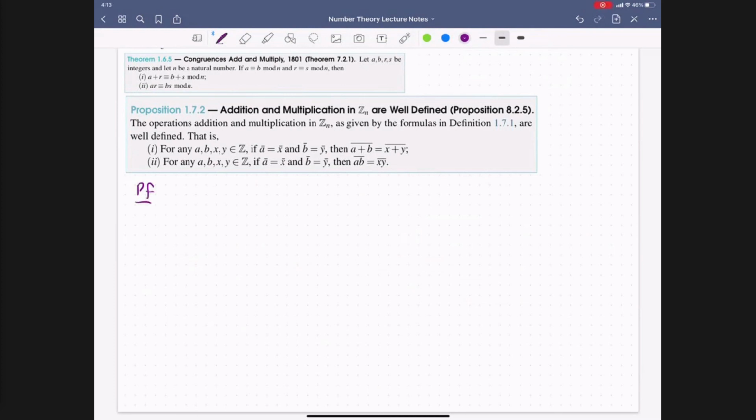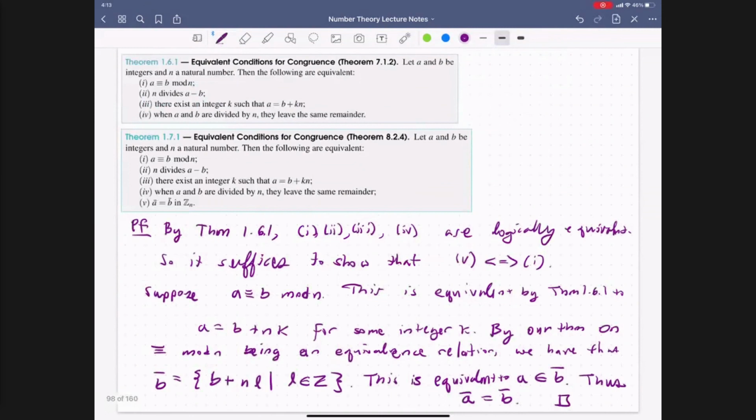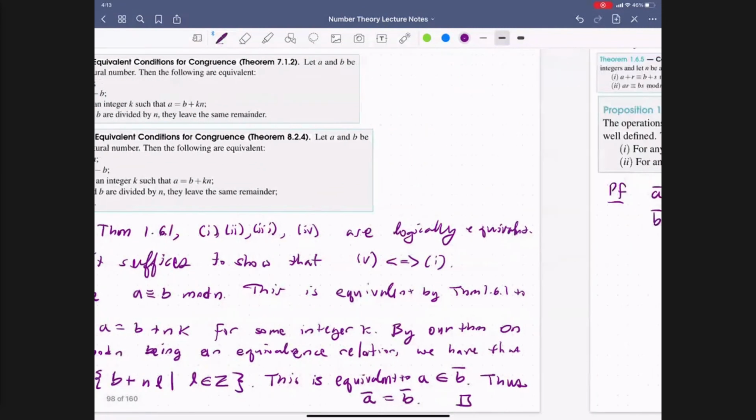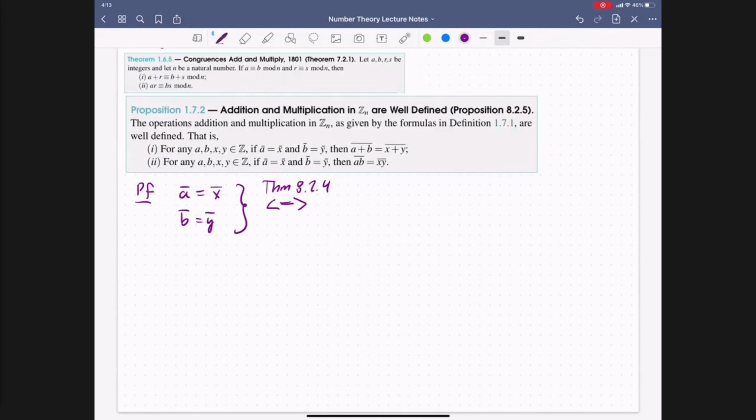We have A bar is equal to X bar, B bar is equal to Y bar. Both of these statements by the previous theorem, and let me just get the label. This is 824 from the book. By theorem 824, this is the same as A congruent to X mod n, B congruent to Y mod n.